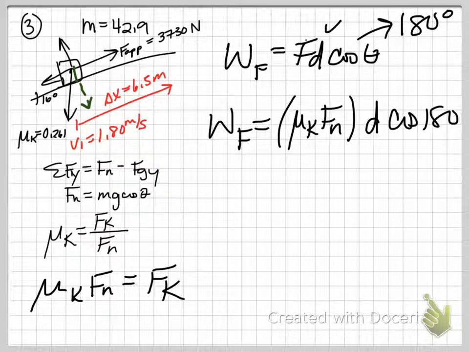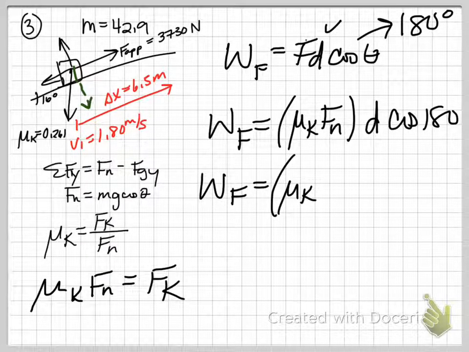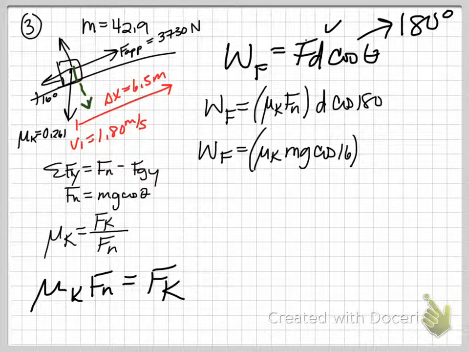We know that Fn equals mg cosine theta, so work done by friction equals mu k mg cosine theta. Be careful because you've got two different angles here. So mu k mg cosine theta times distance times cosine of 180. So that'll get you your work done by friction.